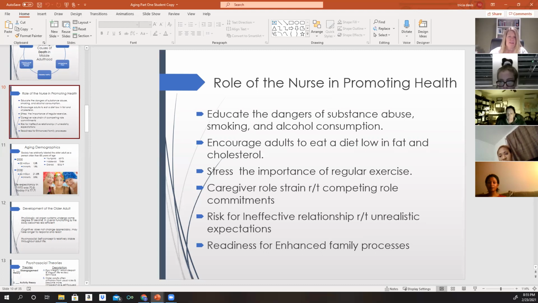A nursing diagnosis would be risk for ineffective relationship related to unrealistic expectations, or readiness for enhanced family process. So this takes a toll on families. It takes a toll on you getting older, dealing with all these things, especially the psychosocial component of it. So there are a lot of different diagnoses that you can apply.